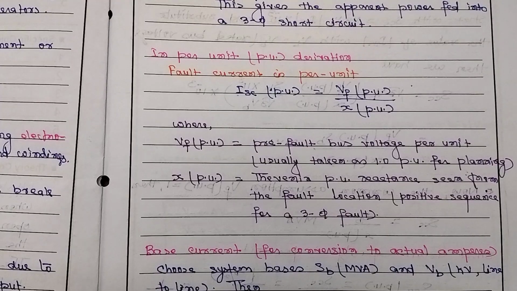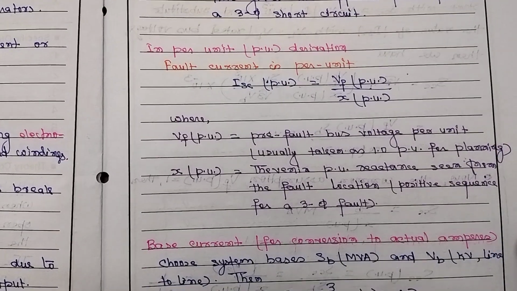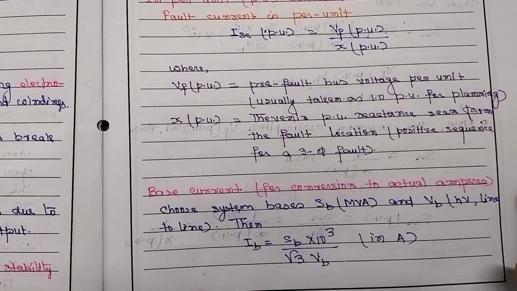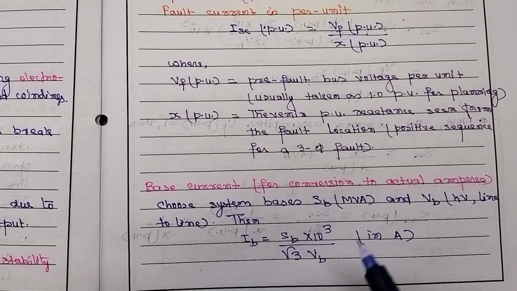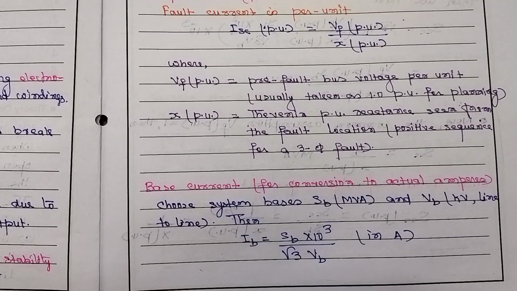So this was the simple derivation and definition of all the things. Next, on screen we have shown the base voltage and base current, for the conversion to the actual amperes. So pick the system basis, that is the base MVA SB and the line to line voltage VB.